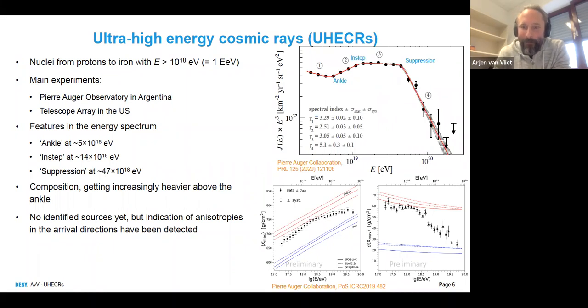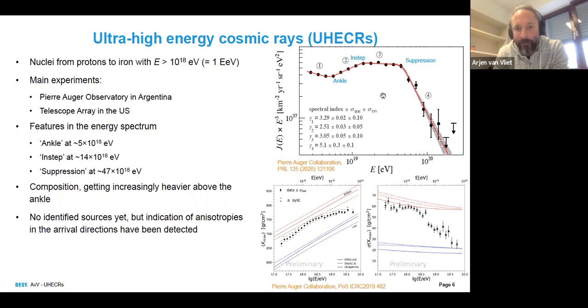If you zoom into that one, then we see several features in the spectrum. We have the ankle again here, and all these features are just changes in slope of the spectral index, basically. With the ankle, we have a so-called instep here, where the slope changes.